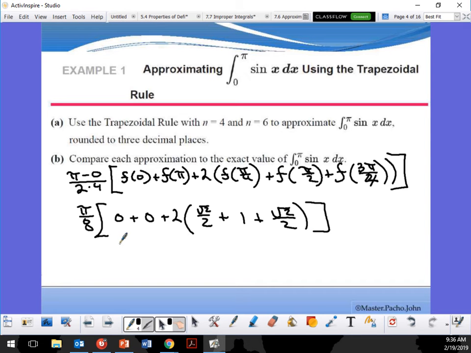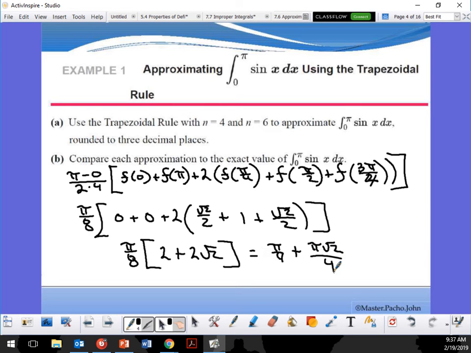So it's going to be pi over 8 still times 2 root 2 plus 2. Times pi over 8, which is going to be pi over 4 plus, what's that going to be? Pi root 2 over 4. All right.